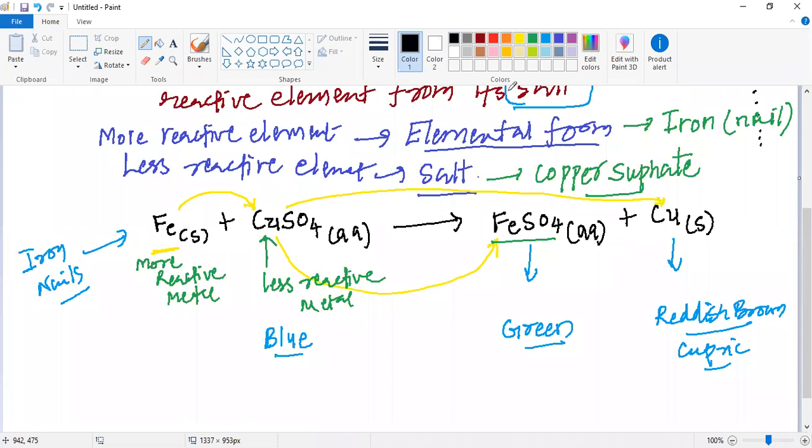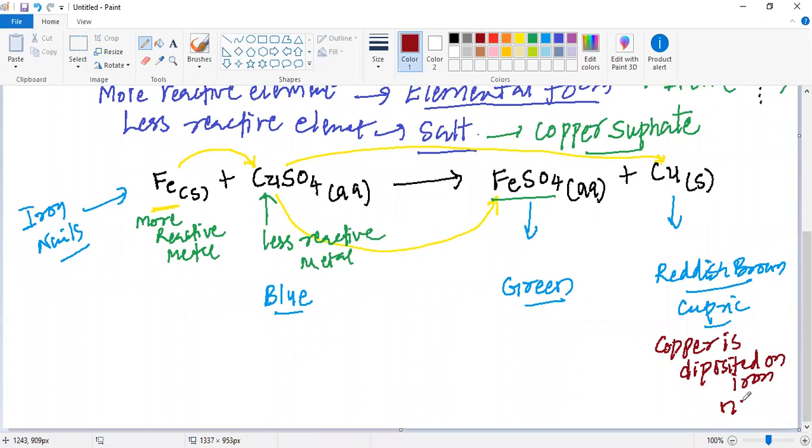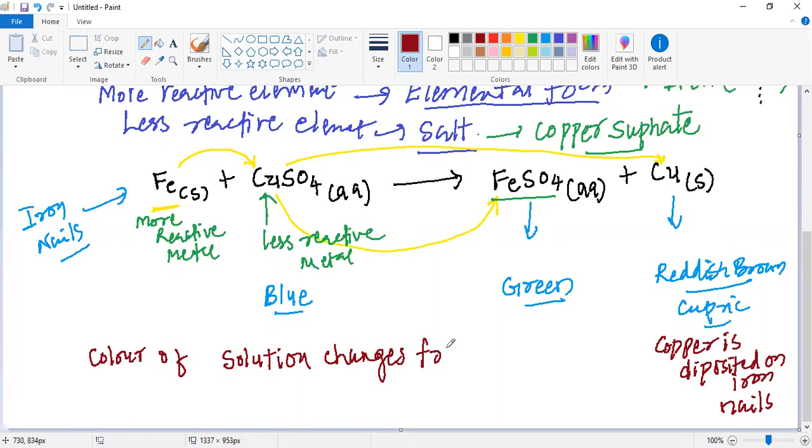So copper is deposited on the iron nails, and the color of the solution changes from blue to green.